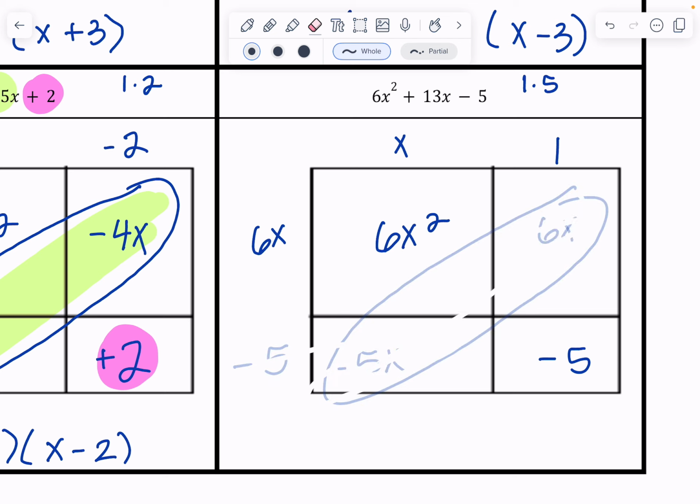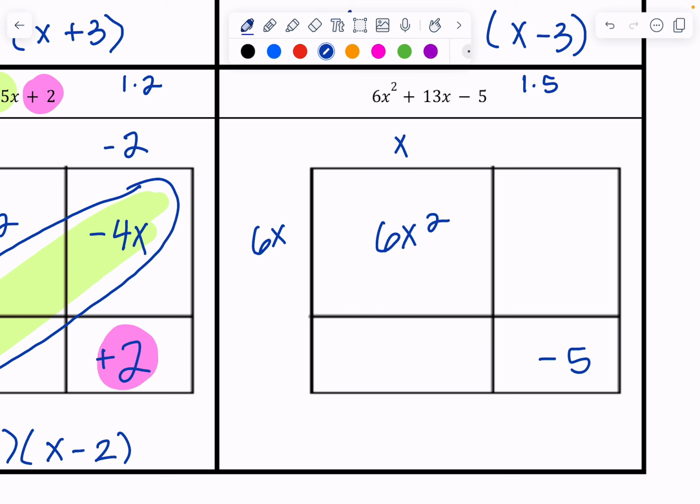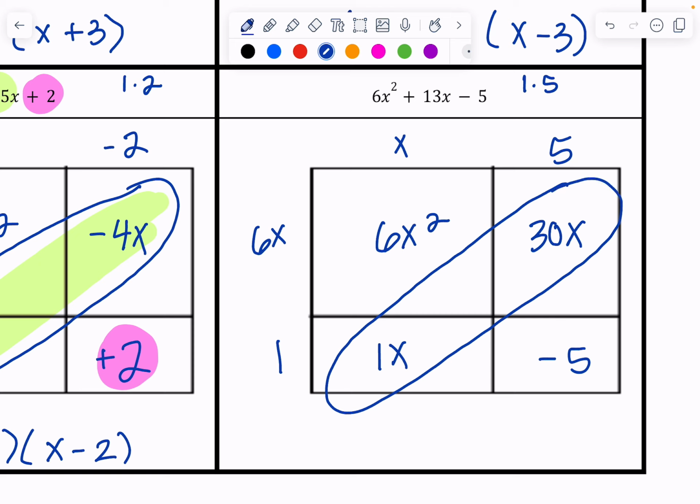So let's flip-flop and put a 5 here and a 1 here. When I multiply, I get 30x and 1x. When I combine these, I get 31. I do want one of them to be negative because of the negative 5. Here, that would give me a negative 30x and 1, which would be negative 29x. We know that's not right. If I put a negative here, it'd give me positive 29x. We know that's not right.